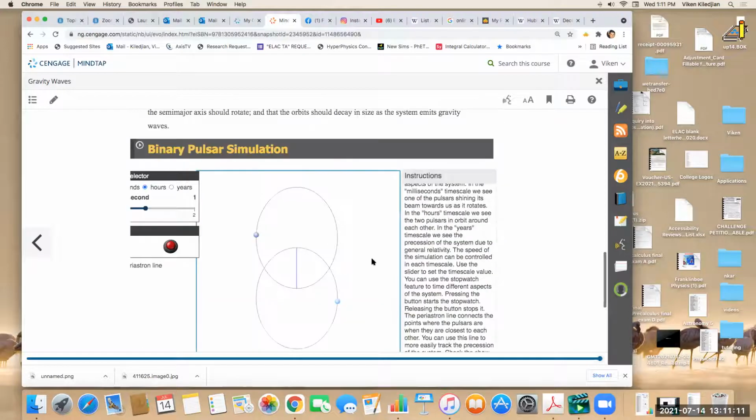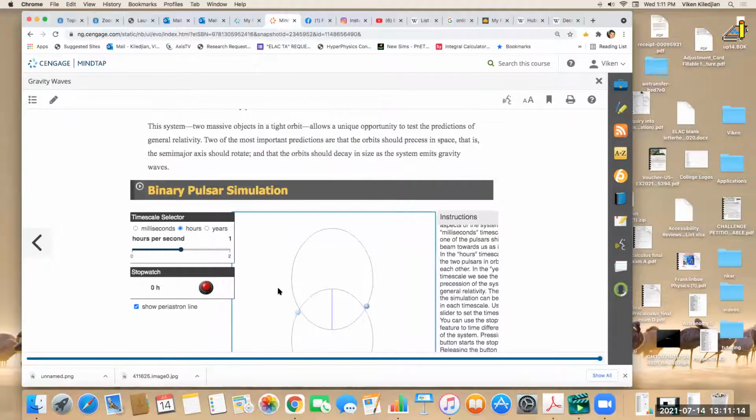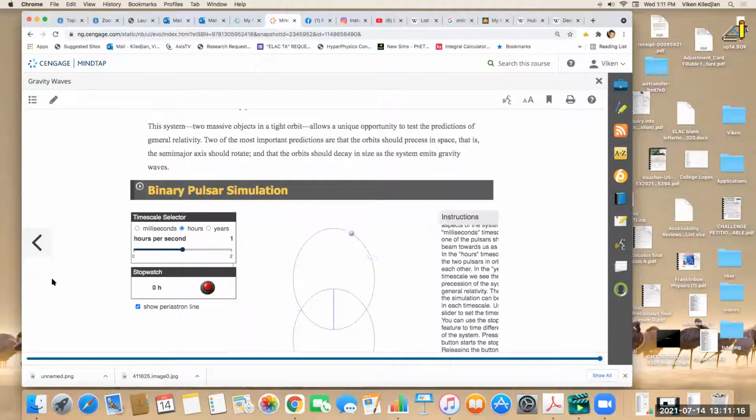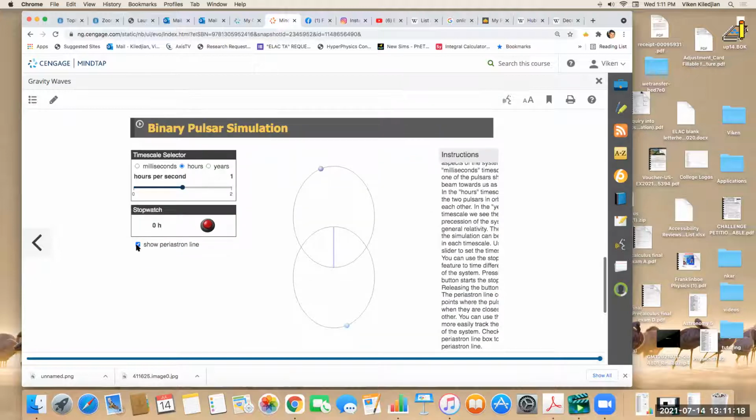Okay, so let's examine here what's going on. If I uncheck the periastron, that periastron line goes away. Now let's look at the millisecond time. Okay, so you see only this pulsar is shining towards us. Boom, boom. Okay, so then we could time. Let's see here.